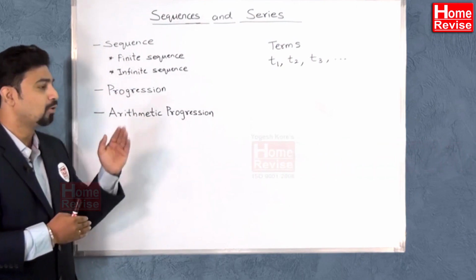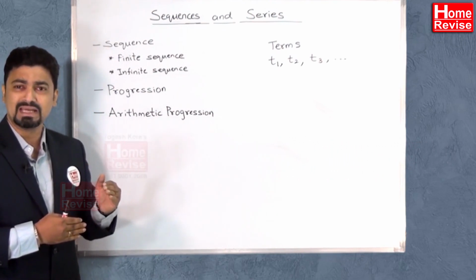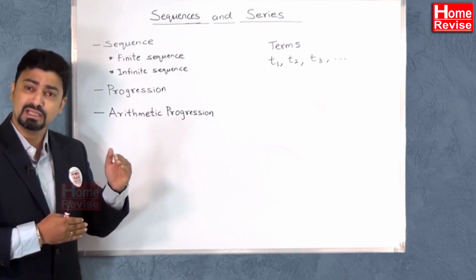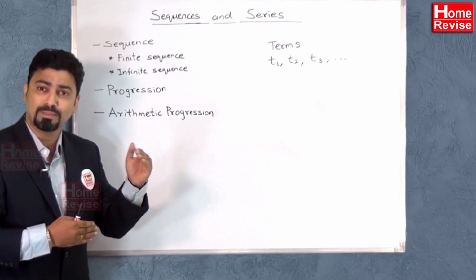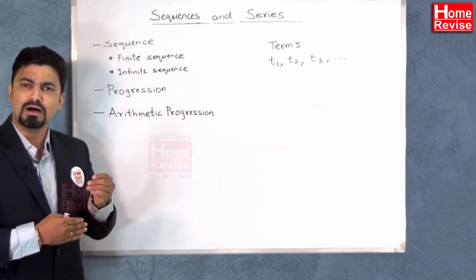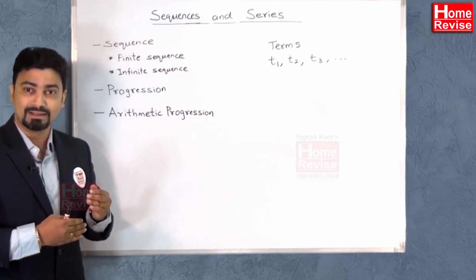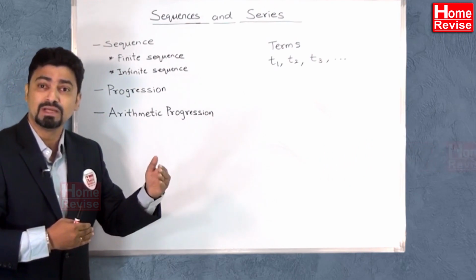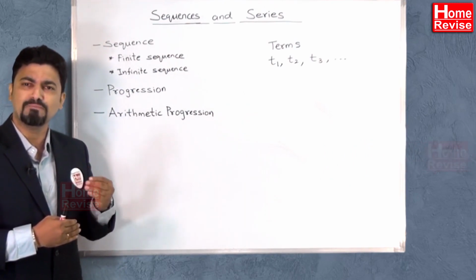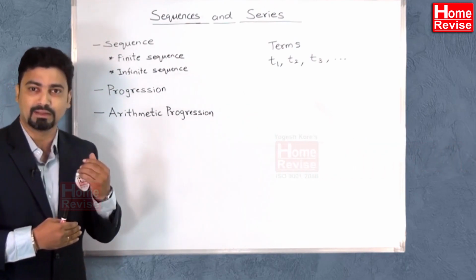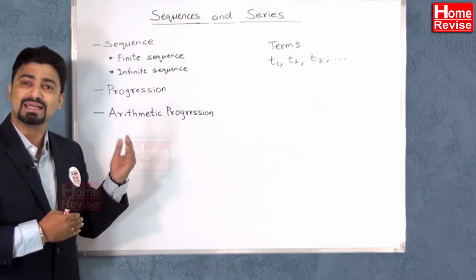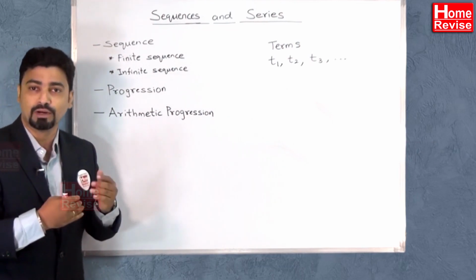Now, what do you mean by progression? Sequences where the numbers are arranged in a definite arrangement or pattern, but which follow a specific rule. That is, the next terms are found out by following some specific mathematical rule. Then such sequences are said to be progressions.